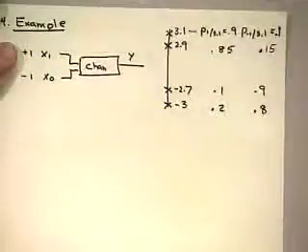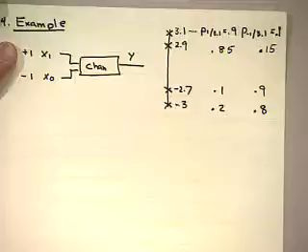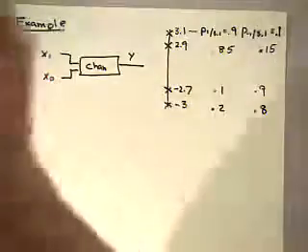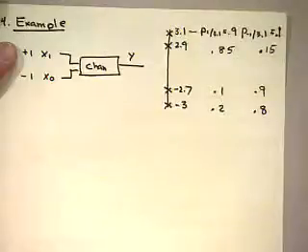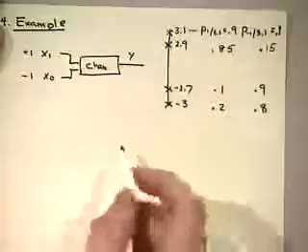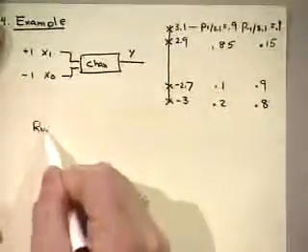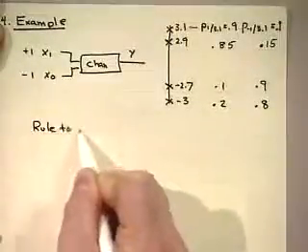And then finally, the last 2 here, 0.2 and 0.8. So I need those 8 numbers basically to characterize this particular channel in terms of the a posteriori probabilities. If I have those a posteriori probabilities, I now know how to do an optimum detector.